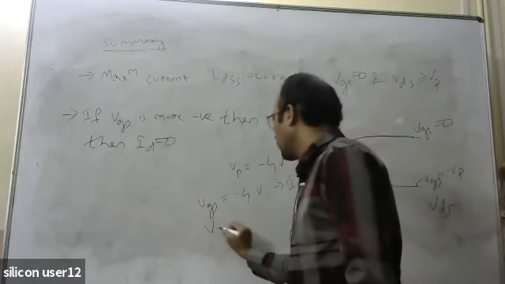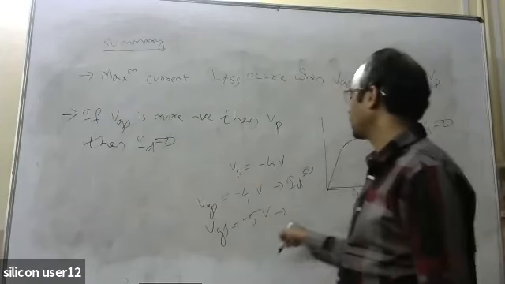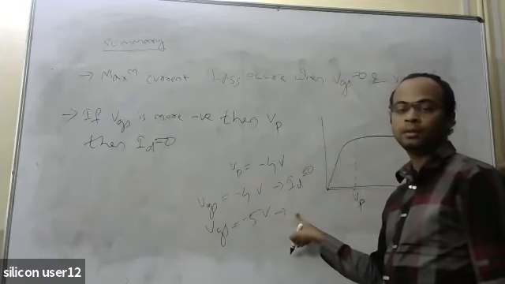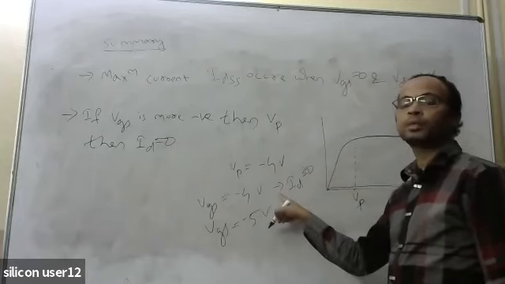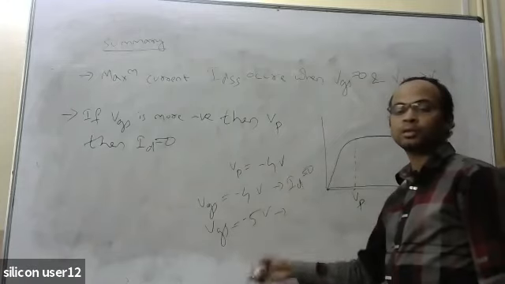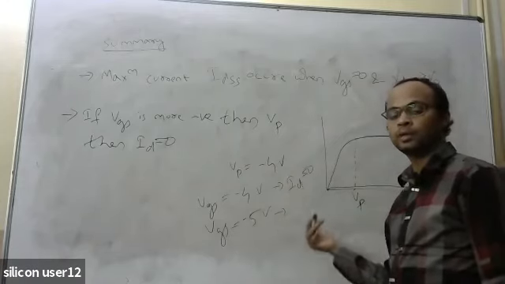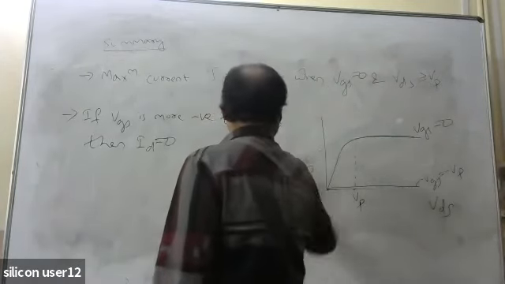That means if you take, let us say, VGS equal to minus 5, what will happen? ID will also be 0. At minus 4 they touch, so ID becomes 0, and however much larger the negative voltage gets, ID will remain 0. So that was the second point.